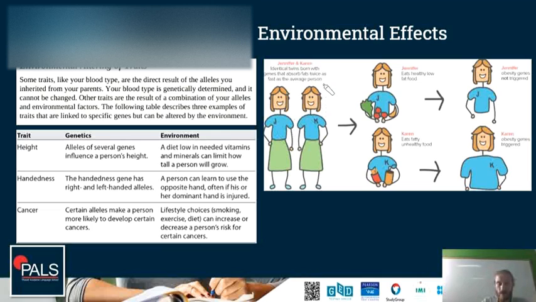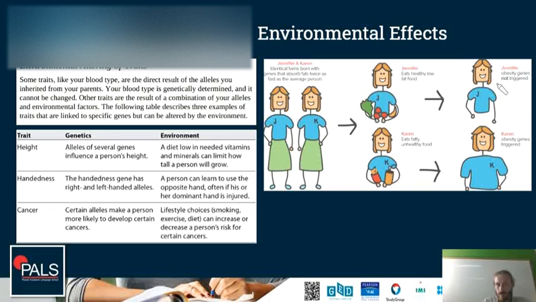Here we have another example of 2 identical twins. Identical twins look very, very similar at birth. They are genetically identical, but the older they get, the more different they might look. One of the twins may choose a healthy and low-fat food diet, whereas the other may choose an unhealthy food diet.